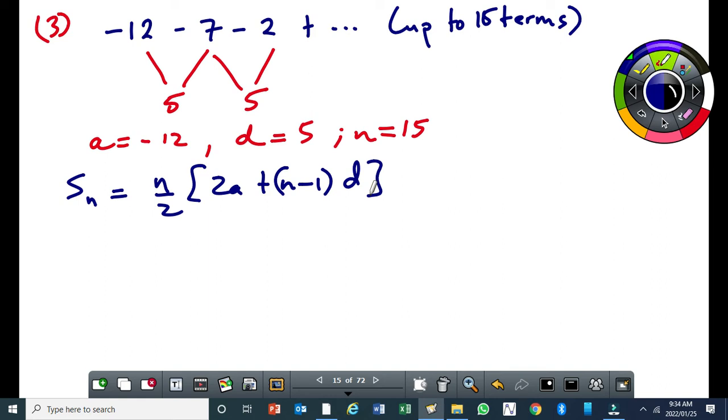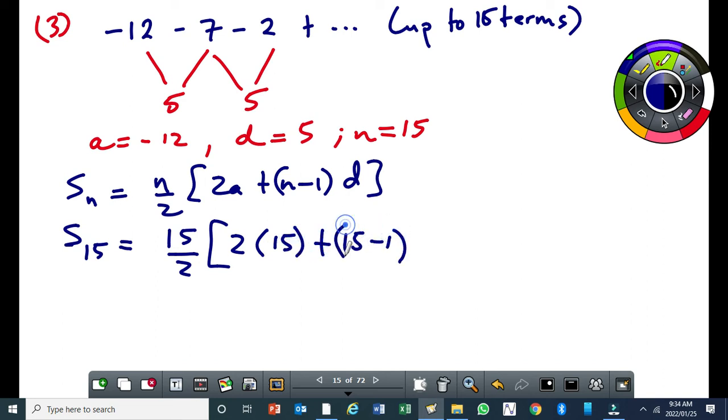Okay, since it's 15 terms, it will be S15 is equal to 15 over 2 multiplied by 2 times negative 12 plus n, which is 15, minus 1 times d, which is 5.